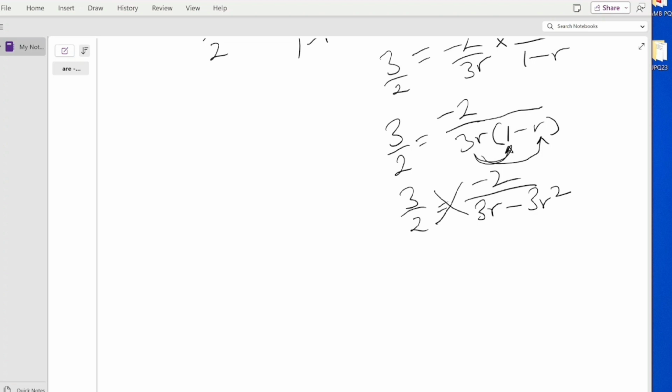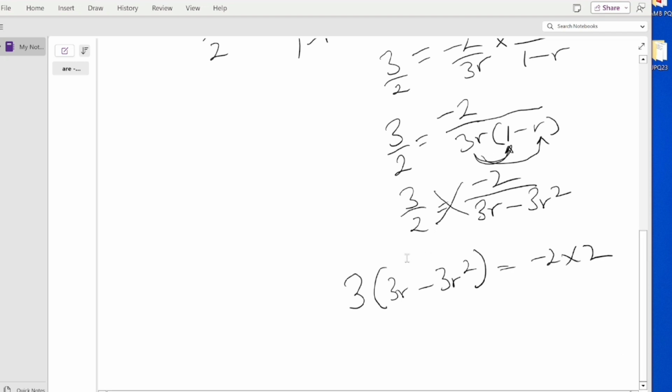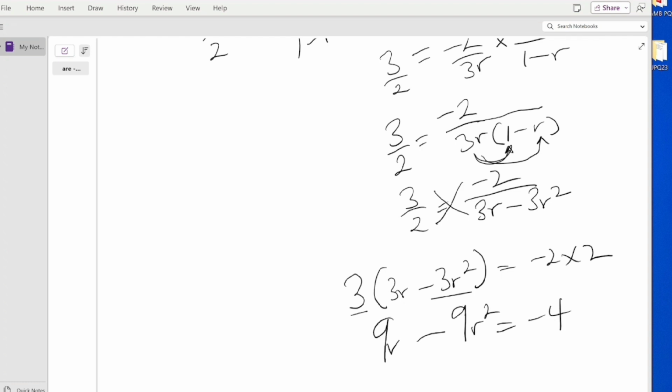We have 3 into open bracket 3R minus 3R squared close bracket equals minus 2 times 2. 3 times 3R is 9R, minus 3 times minus 3R squared is 9R squared, equals 4.